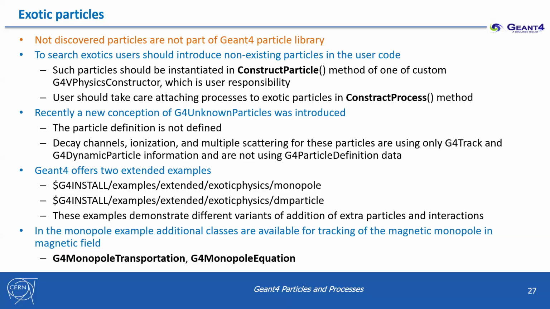Our recommendation is that you define in user code an additional constructor of physics, which has a construct particle method. In this method, you add exotic particles, and you define a construct process method with decay channels and interactions of this exotic particle.